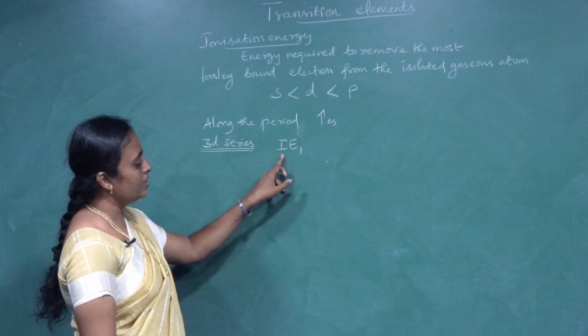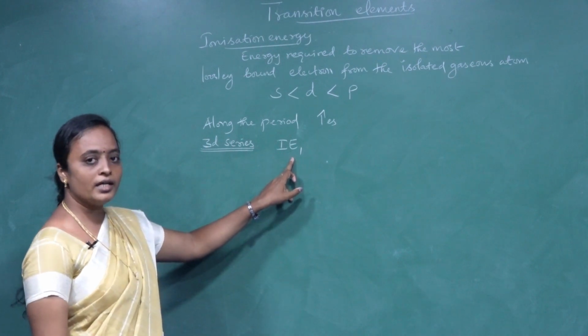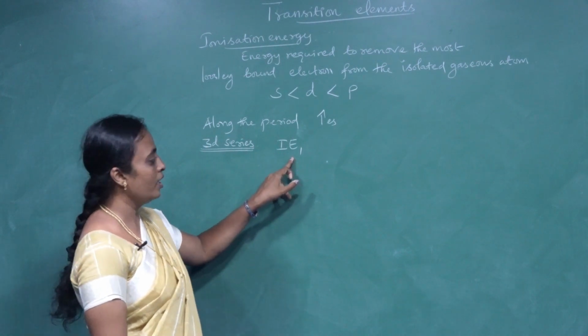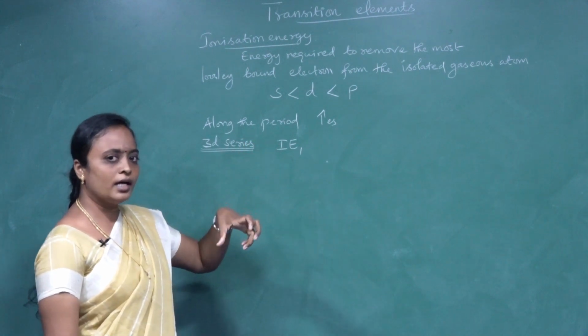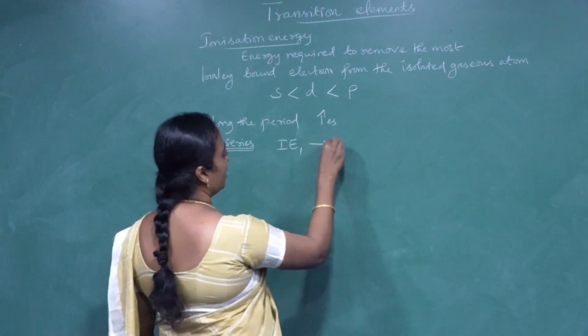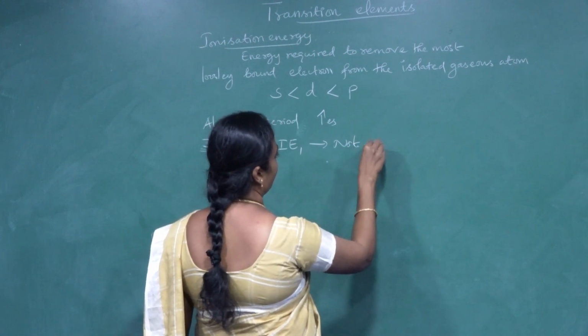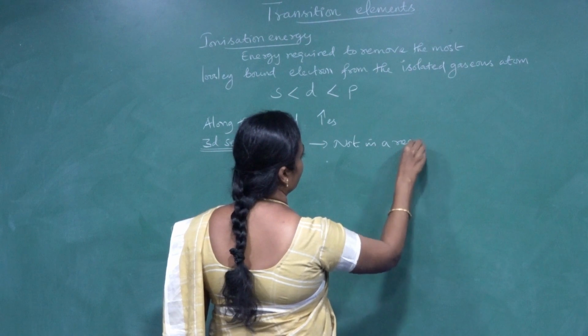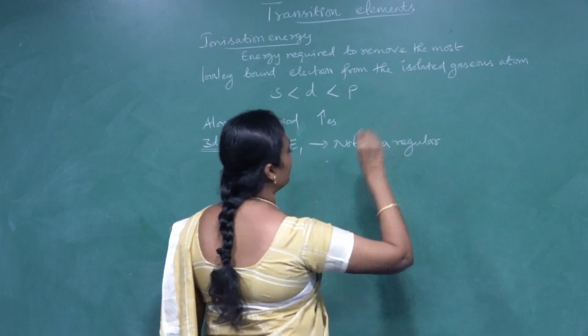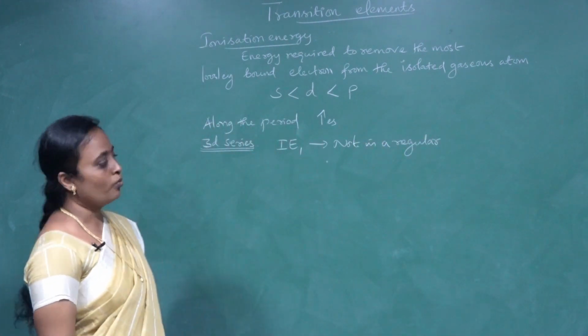the first ionization enthalpy of the transition series is not in a regular format. Why?